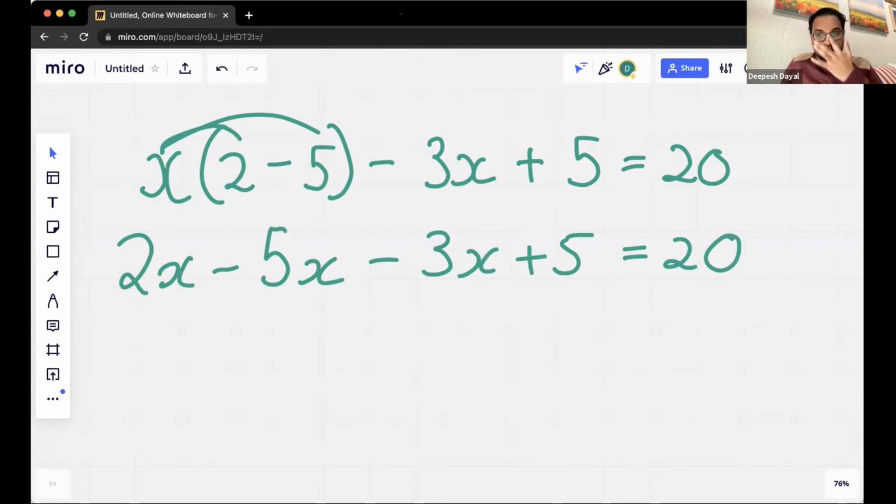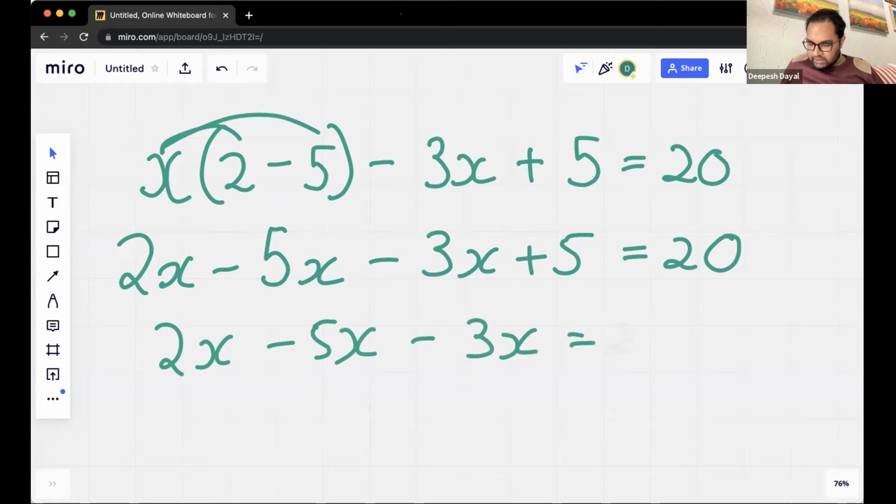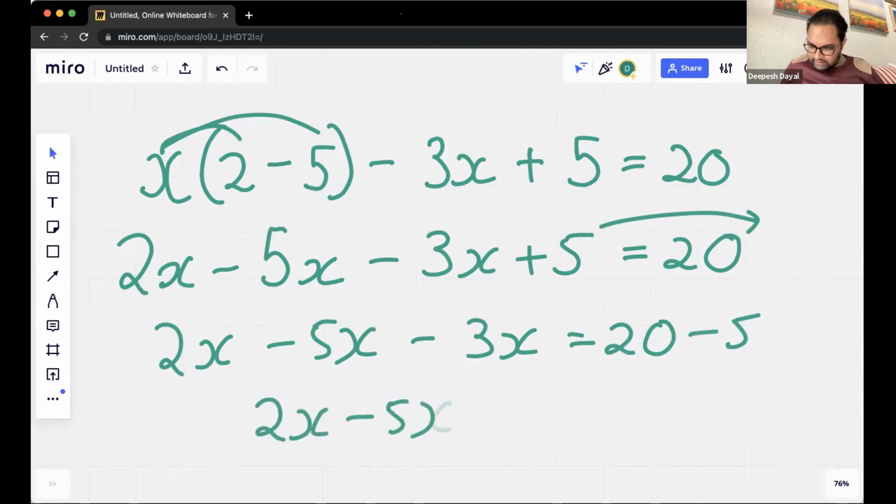Our next step, we take 5 over. So we write 20. And then what do we do with the 5? It's going to be negative 5. So I've got your 2x minus 5x minus 3x equals 15, right?